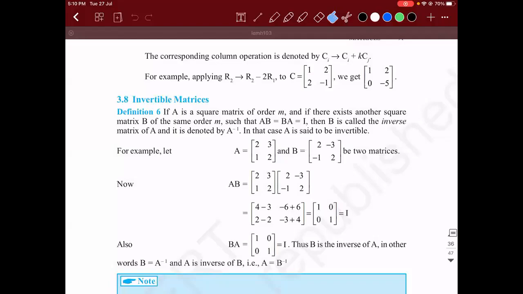Where is the idea of an invertible matrix coming into the picture? Anybody? Let's have a discussion. I'm sure most of you know this concept.